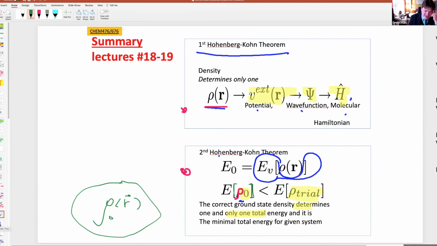But how to find energy out of density is not clear, and the theorems also do not tell how to find the actual ground state density. In your homework, you are already doing these things, but right now we do not know how it is done. As a little hint, the procedure is similar to the Hartree-Fock self-consistent procedure, but we need to go over it.